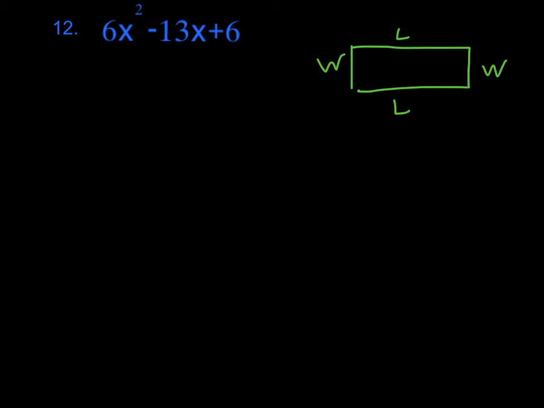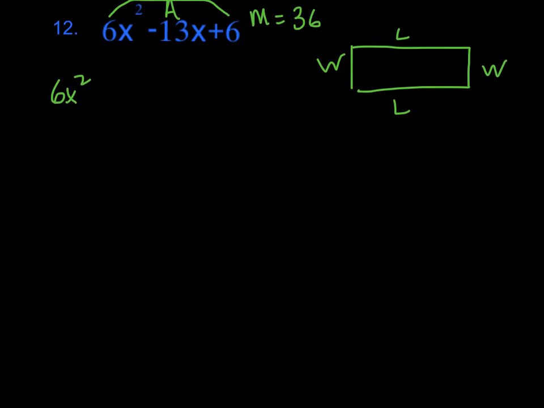So we're going to do exactly what we started with in number 11. We're going to try to figure out what multiplies to 36 and adds to negative 13. That way we can do our little rainbow factoring and get the length and the width and go from there. All right, so we're going to bring down the first term, which is 6x squared.